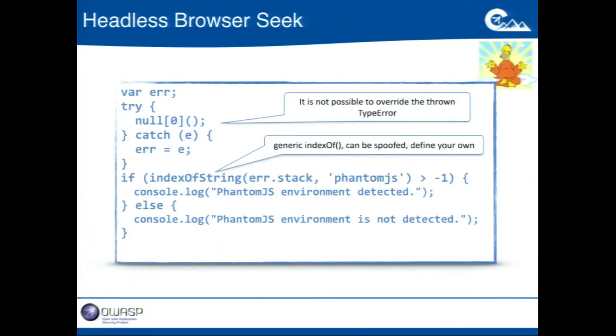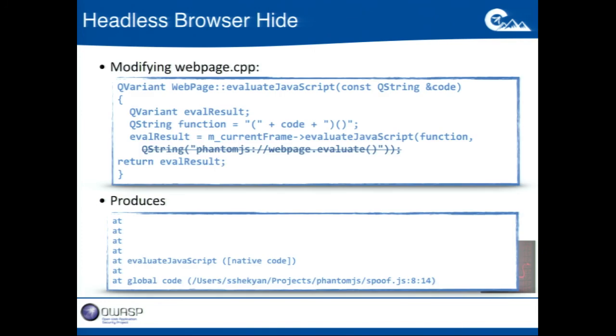At least that part, the phantomjs part, can be removed, because the string has to show up somewhere in the source code. So we grab the source code and find this. That piece of code is the part where phantomjs:// is injected inside the call stack.